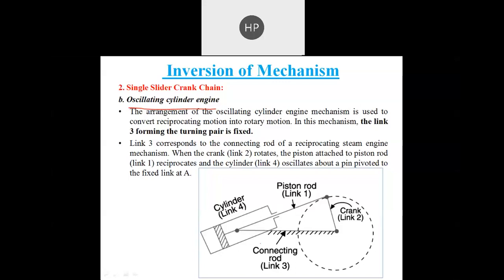So again here we will see that this is turning pair number 1, this is turning pair number 2, this one is turning pair number 3, and here the piston is moving in the cylinder, it is a sliding pair. So in total 4 pairs, out of them 1, 2 and 3 are turning pairs, and this one is a sliding pair.